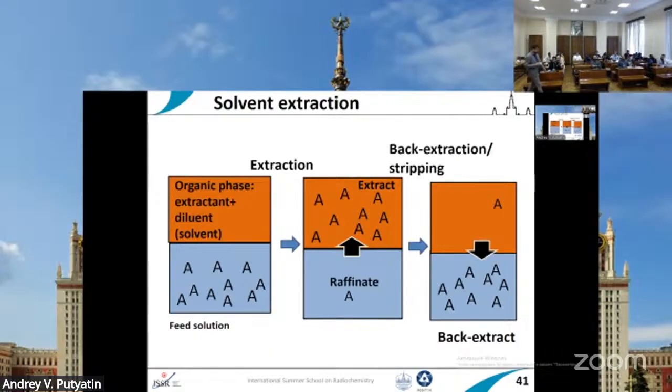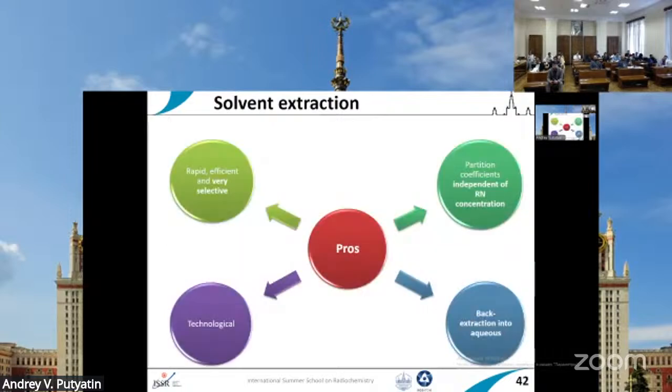If we would like to take our radionuclide back to the aqueous solution, we make a back extraction, or if there is a separation of radionuclides, we make stripping, and this aqueous solution is now called back extract.